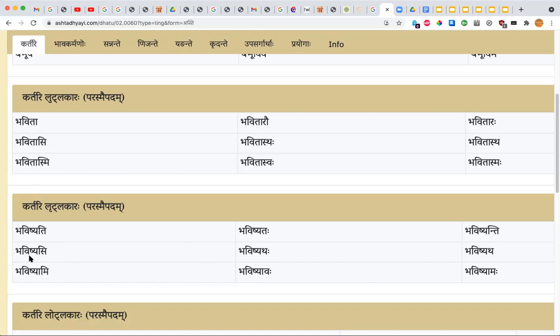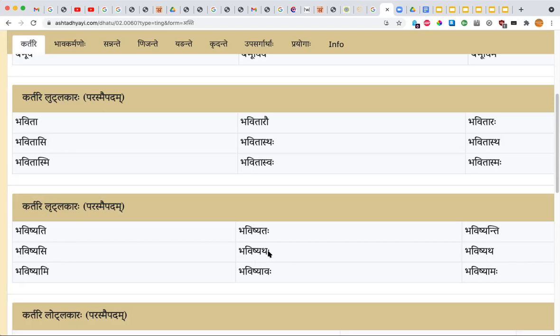Tvam will always be in the Madhyama Purusha form. Bhavishyati will be Prathama Purusha. Tvam, you. Tvam vaidya bhavishyasi. Yuvam vaidye bhavishyathah.